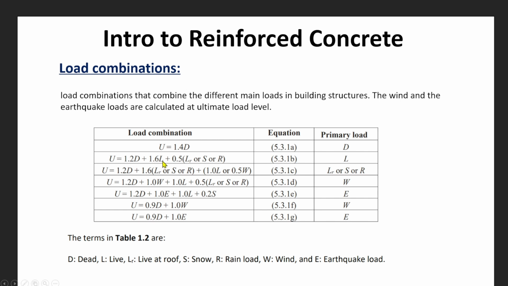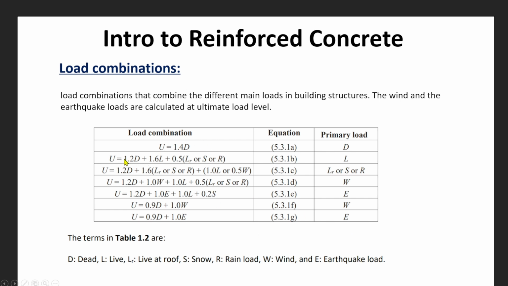We have these equations, 1.4 D. By the way, D is dead load, L is live load, Lr is live load at the roof, S is snow load, R is rain load, W is wind load, E is earthquake or seismic load.